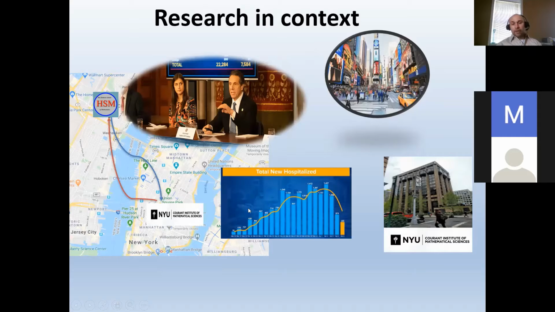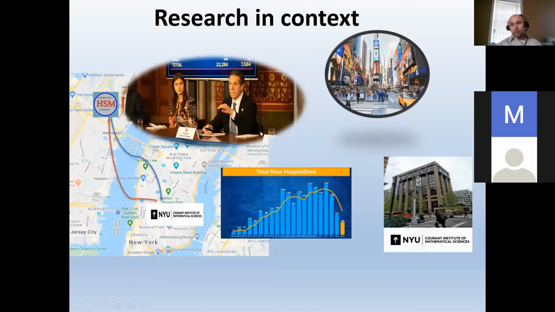And every day, as everywhere else in the world, there was a lot of data on the COVID-19. So as mathematicians, we just look at the data and we try to write something.